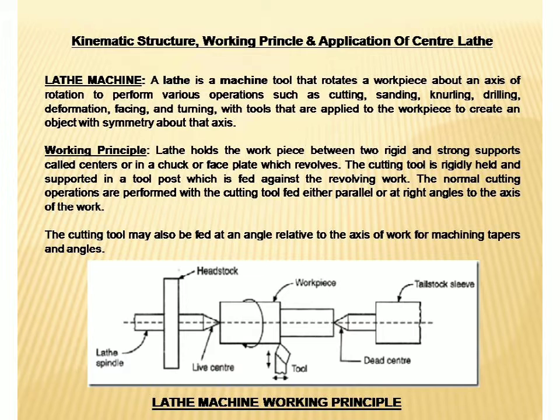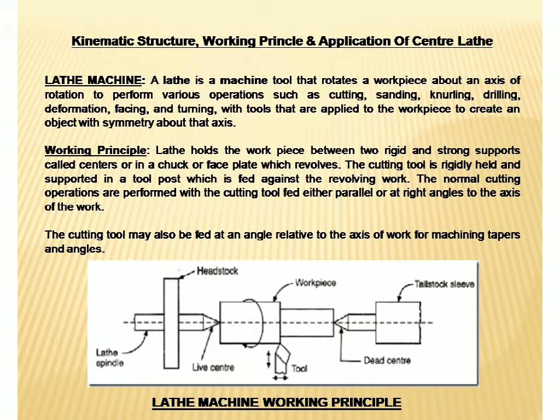And what is the purpose of the tailstock? The tailstock holds the workpiece from the other end and helps the workpiece to move around the axis with proper dimension and with proper precision. And you will find the axis of the machine as shown in the figure below as the dotted line, and with respect to that axis, all the rotational movement of the machine is performed.